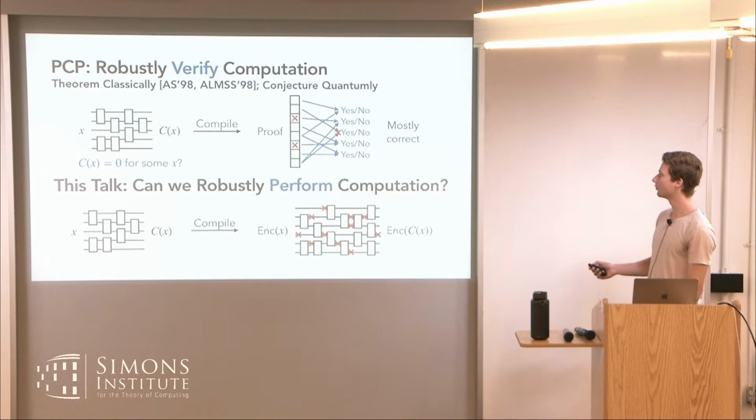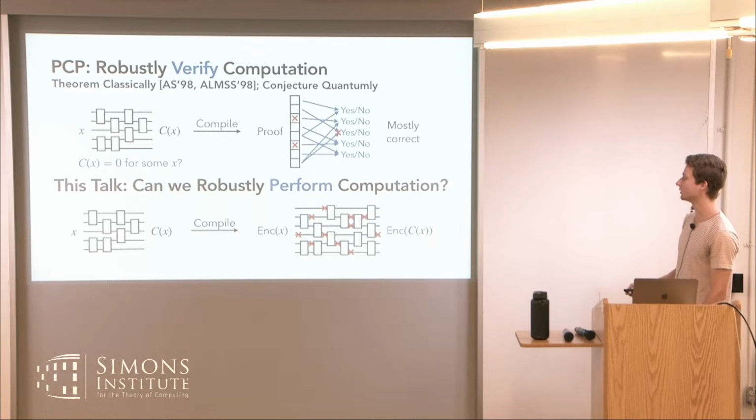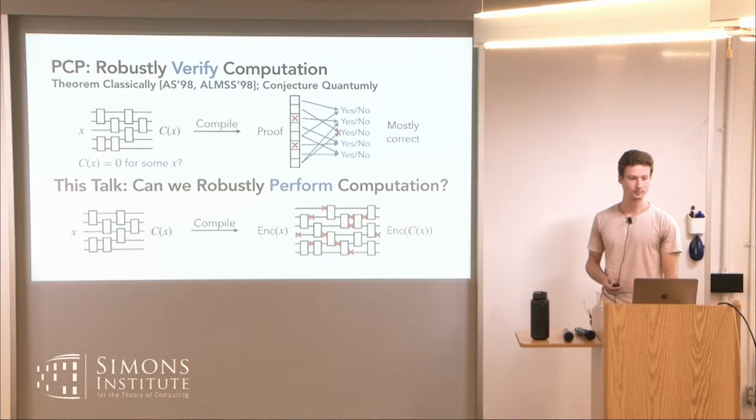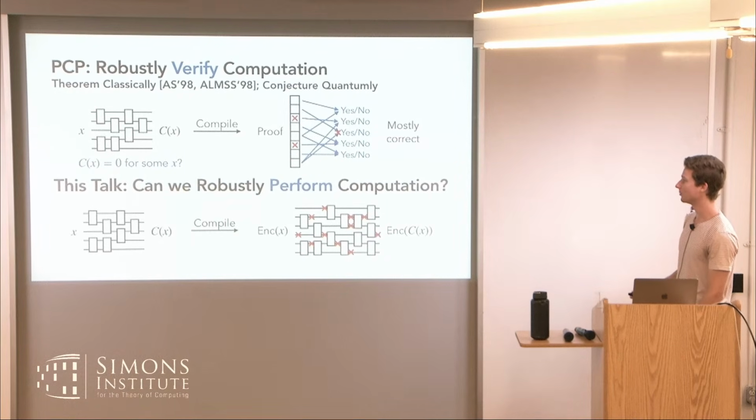So we've gone from robustly verifying the output of a circuit given a proof to just robustly performing the computation itself. Now we're not even given any sort of proof to help us. And so naively, this might seem impossible because, say, if we have one corruption on the input, that could totally change the output of the circuit.